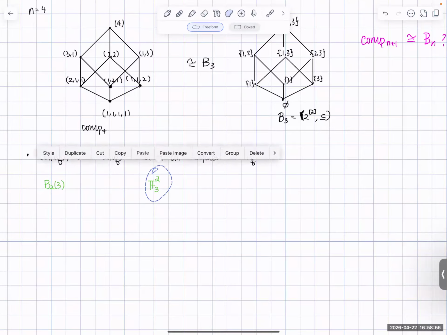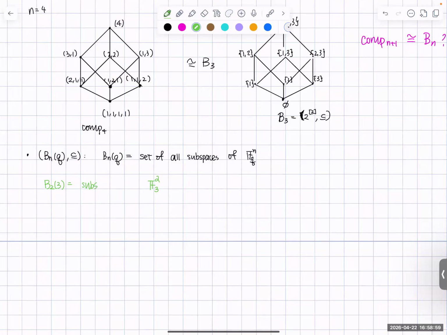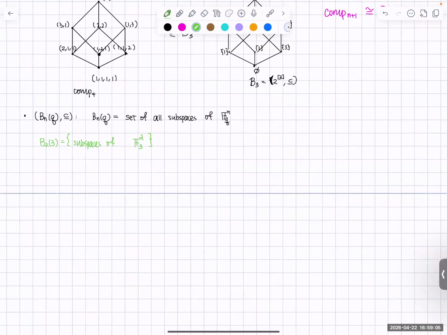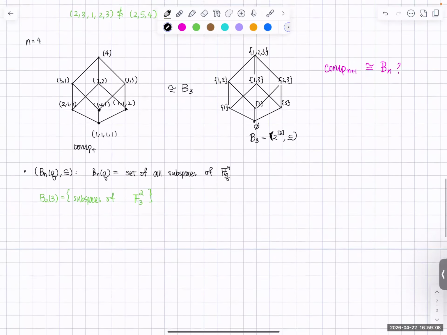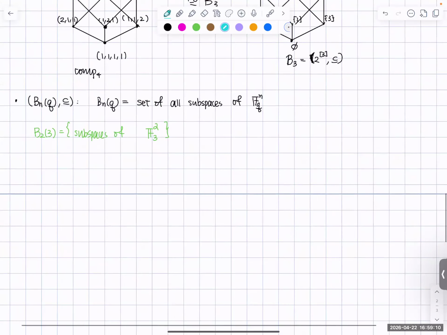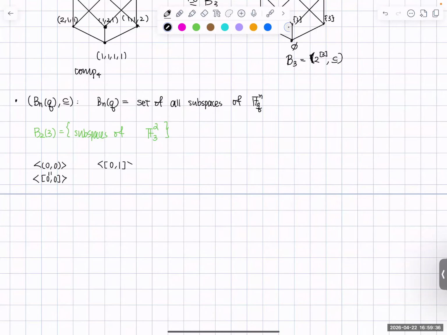So let's see. Subspaces of F_2^3. All right, so how do we construct them? Let's list all the subspaces of F_3^2. It's either you just have the 0-dimension one, generated by (0,0), or you can also write the notation ⟨(0,0)⟩ if you like, the same. And then we have ⟨(0,1)⟩.